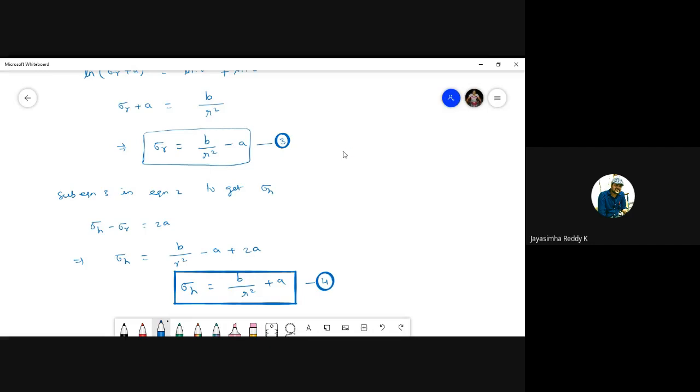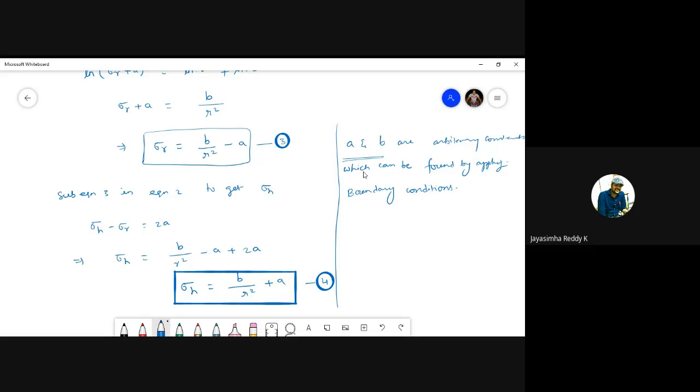Here a and b are arbitrary constants which can be found by applying boundary conditions.